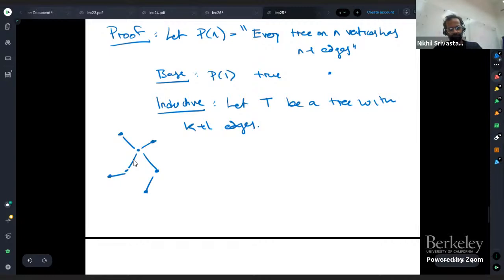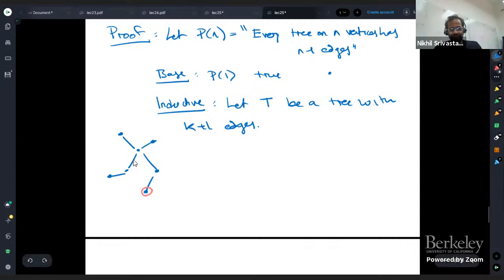Okay? So when you delete a leaf, for every other pair of vertices, there's a unique path between those two vertices, right? And that cannot use any leaves because the leaf only has degree 1. So when you delete a leaf from a tree, you get another tree. Okay, so that is the key step.